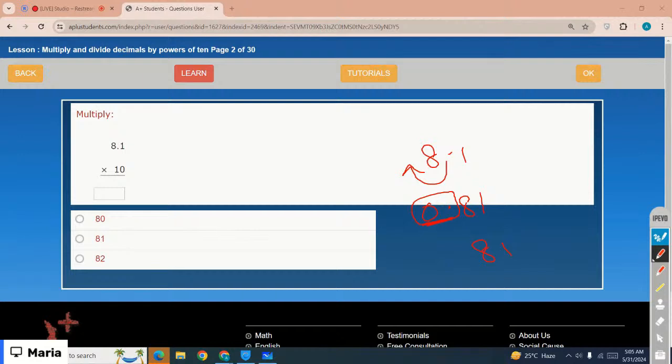Hold on. That is multiplication, not division, right? 8.1 is multiplying by 10. So when multiplying by 10, you have to move the decimal point right. You have 10 here, right? So you need to move the decimal point one place right. That would be 81.0. That is 81. Sorry. When you are dividing by the powers of 10, you have to move the decimal point left.